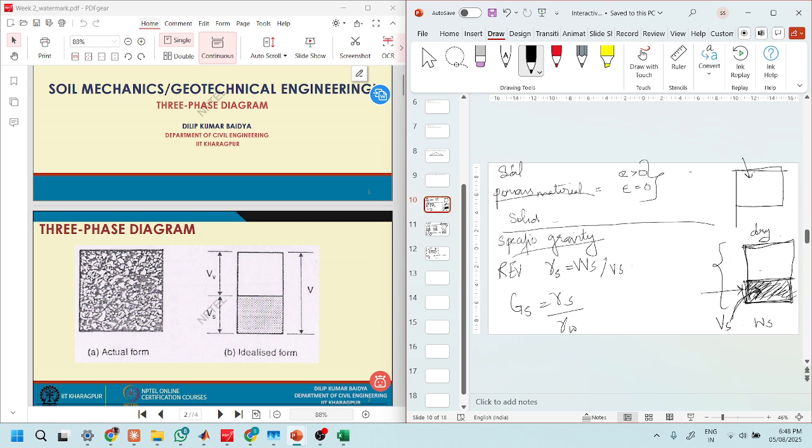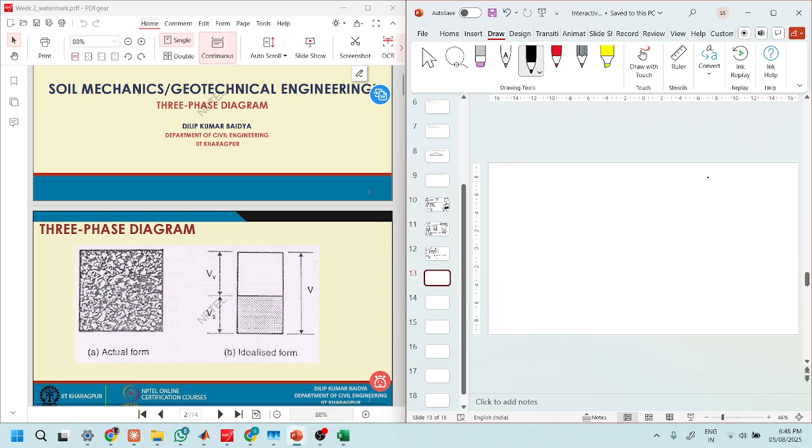Last time we discussed that void ratio has to be greater than zero. Why?